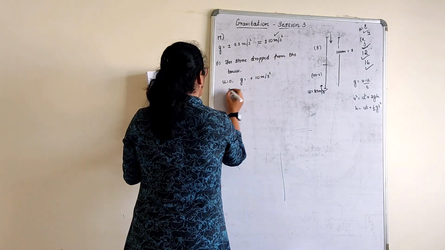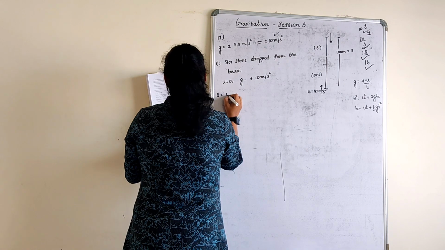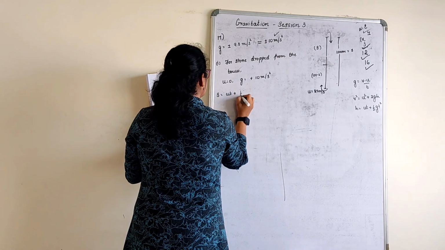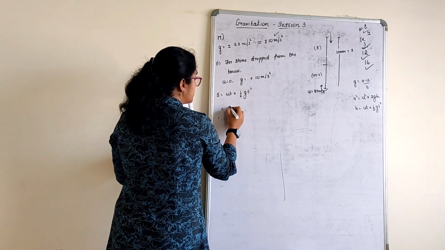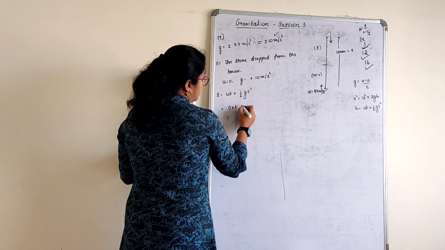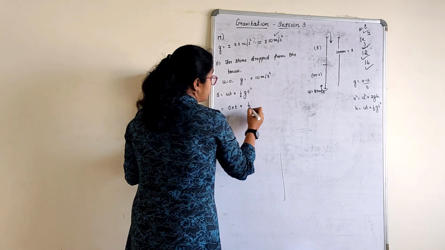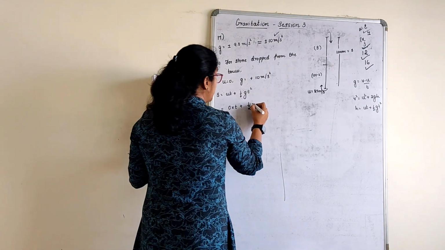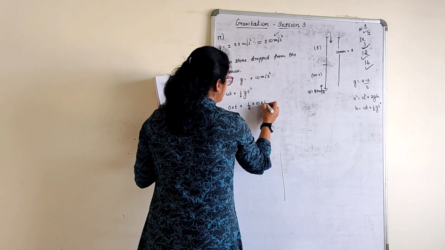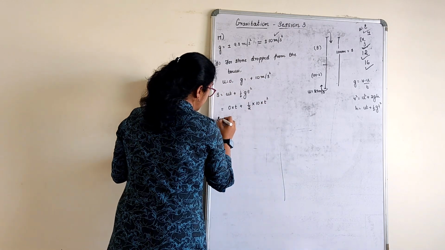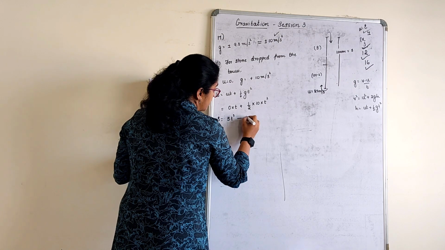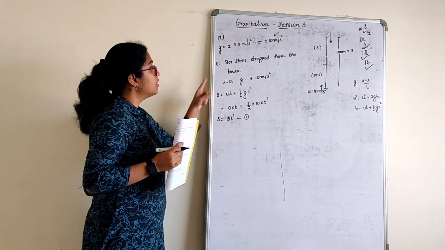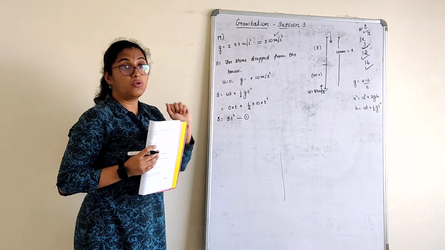Write the formula: s is equal to ut plus half gt square. So u is 0 into t plus half into 10 into t square, t is not known, that is what we have to find out here. s is equal to 5t square. Equation 1, for the stone dropped in the downward direction.